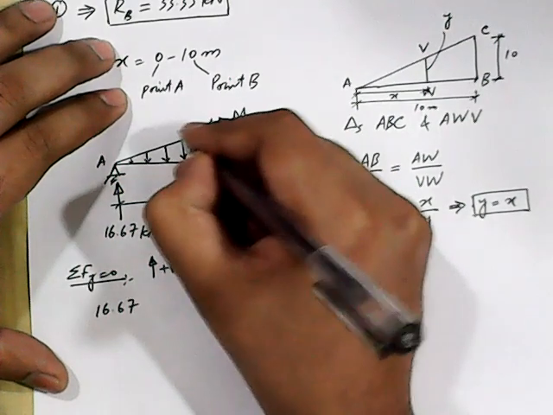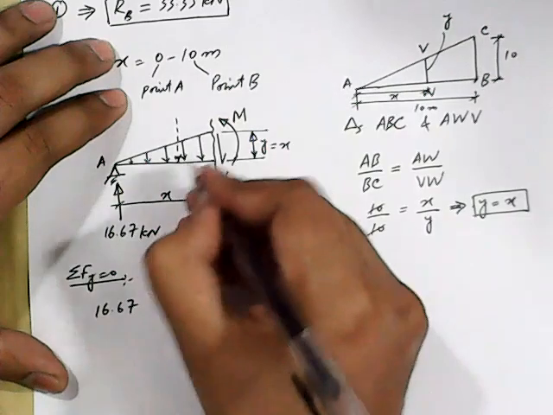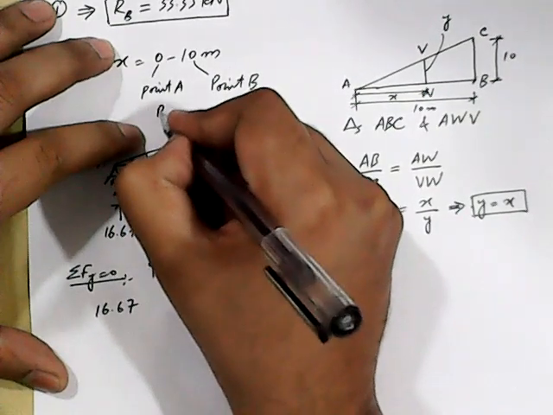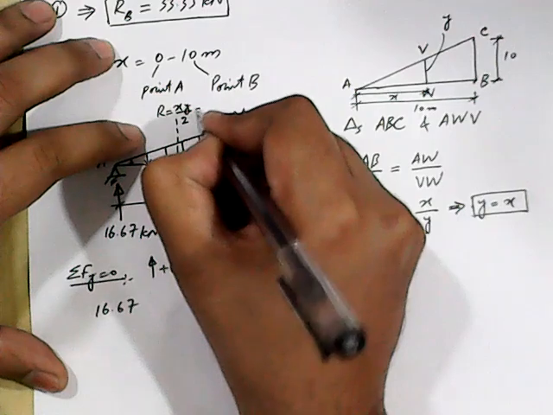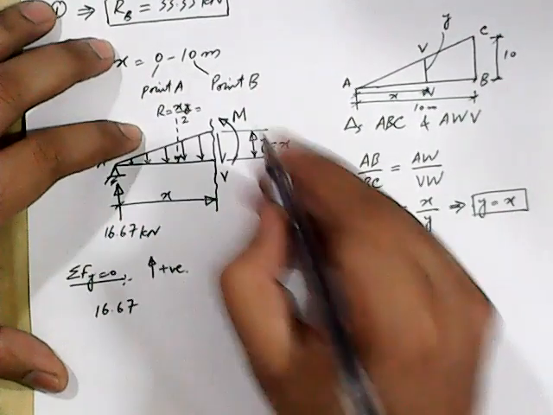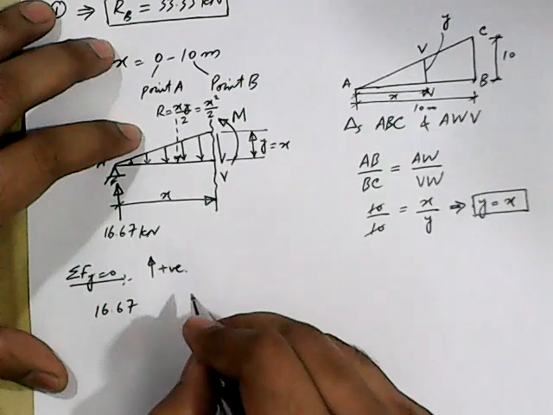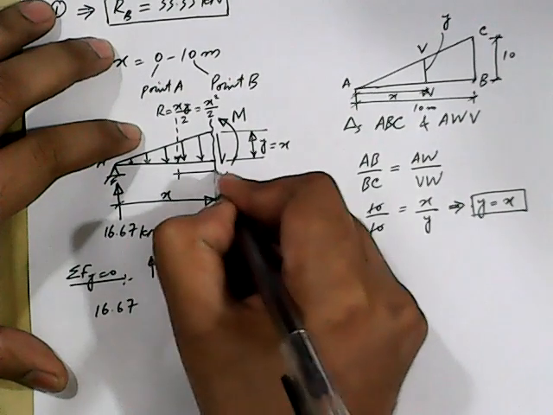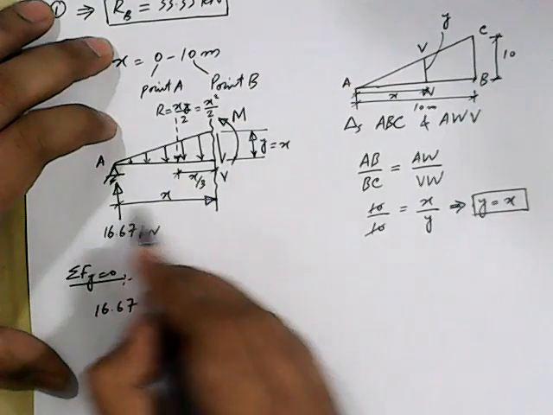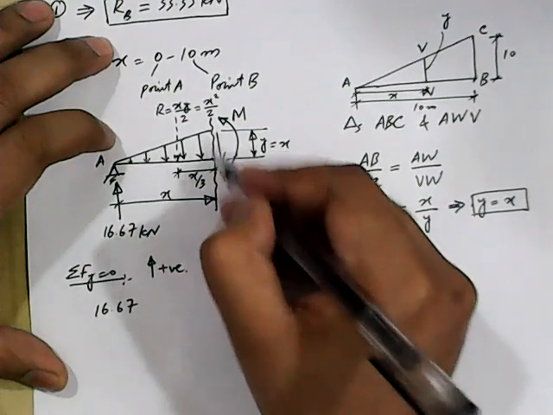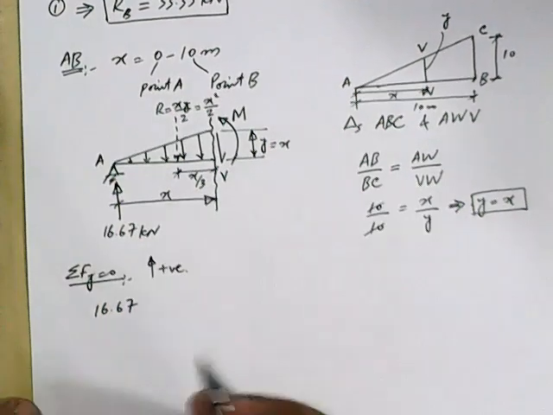It will be, let's say, acting somewhere over here, and the magnitude of the resultant will be x into y divided by 2, and we have calculated y equal to x, so it will be x square divided by 2. And how much will be this distance? This distance will be x by 3, because the base of the triangle is x. So from this side, the location of the centroid will be x by 3.